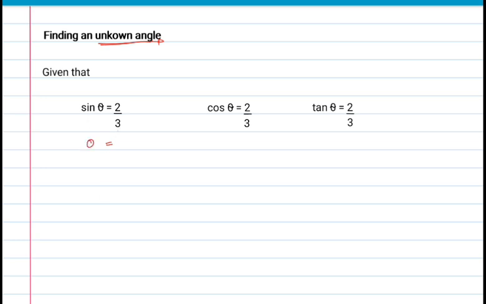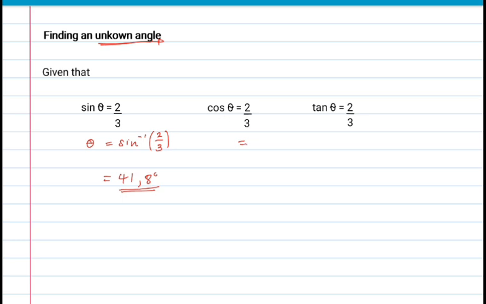So for us to find theta, it will be equal to the arcsine of 2/3. The arcsine of 2/3, when you use our calculator, gives us 41.8 degrees.